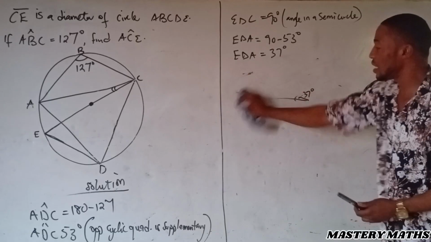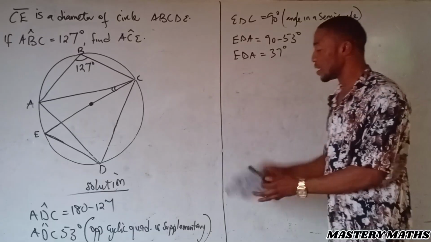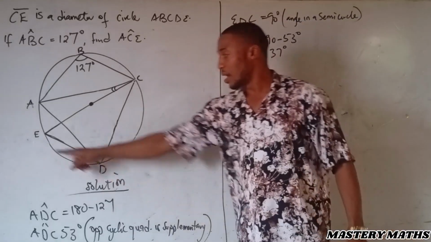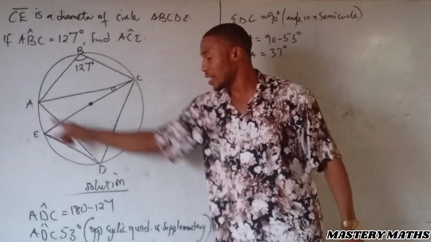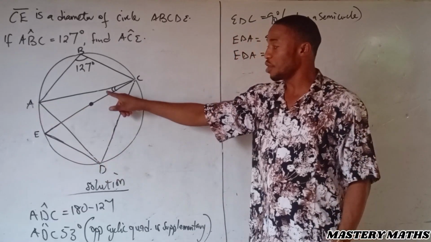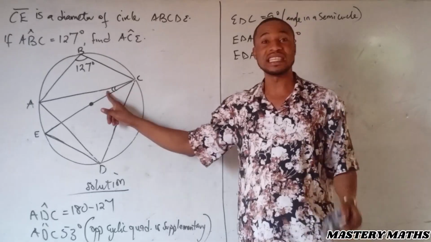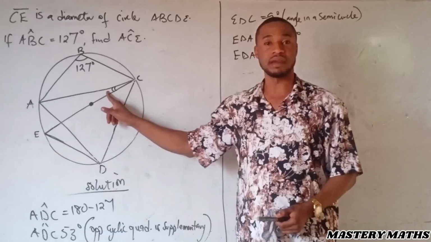Since our EDA is 37 degrees, here will equally be 37 degrees. Why? Because the angles are in the same segment.